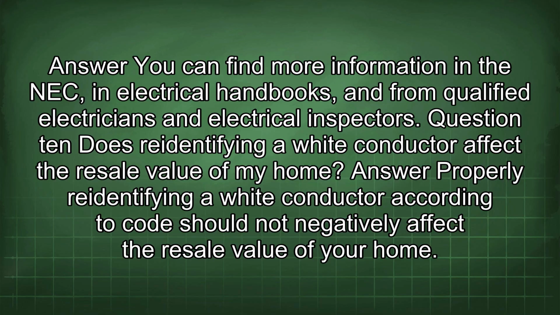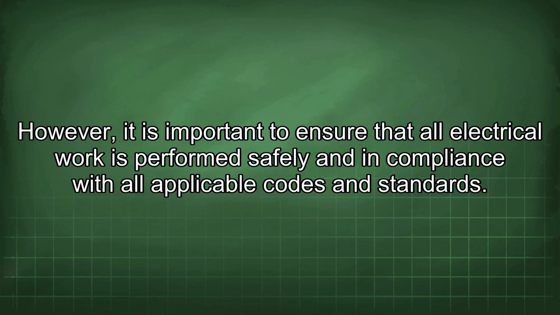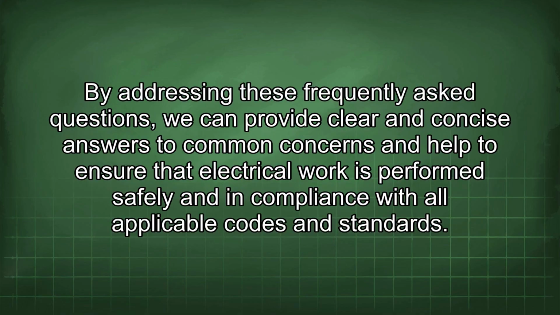Question 10. Does re-identifying a white conductor affect the resale value of my home? Answer. Properly re-identifying a white conductor according to code should not negatively affect the resale value of your home. However, it is important to ensure that all electrical work is performed safely and in compliance with all applicable codes and standards. By addressing these frequently asked questions, we can provide clear and concise answers to common concerns and help to ensure that electrical work is performed safely and in compliance with all applicable codes and standards.